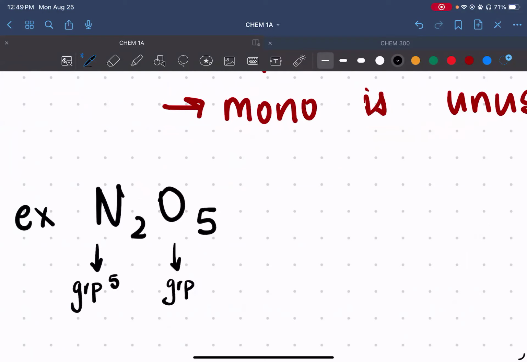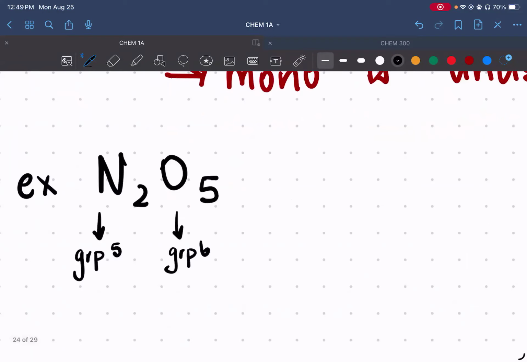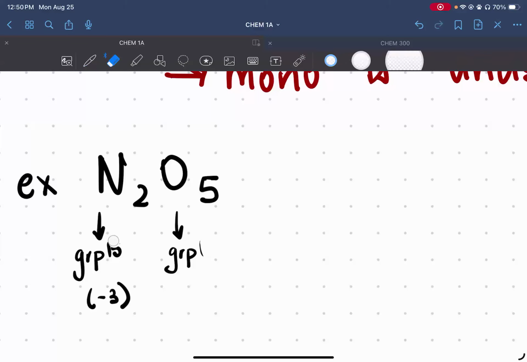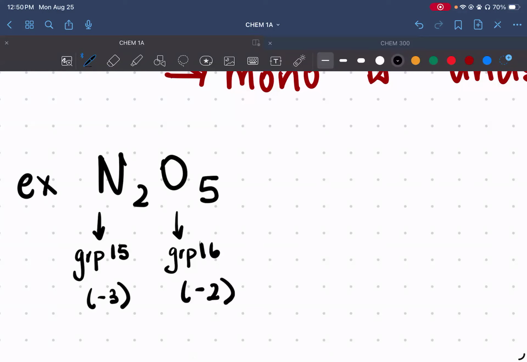Oxygen is in group 6. Didn't I teach you that the ideal charge of group 15 is -3, and group 16, I apologize, forgetting the teens, and the ideal charge of oxygen is -2? How is it that I'm all of a sudden claiming that nitrogen is positive?